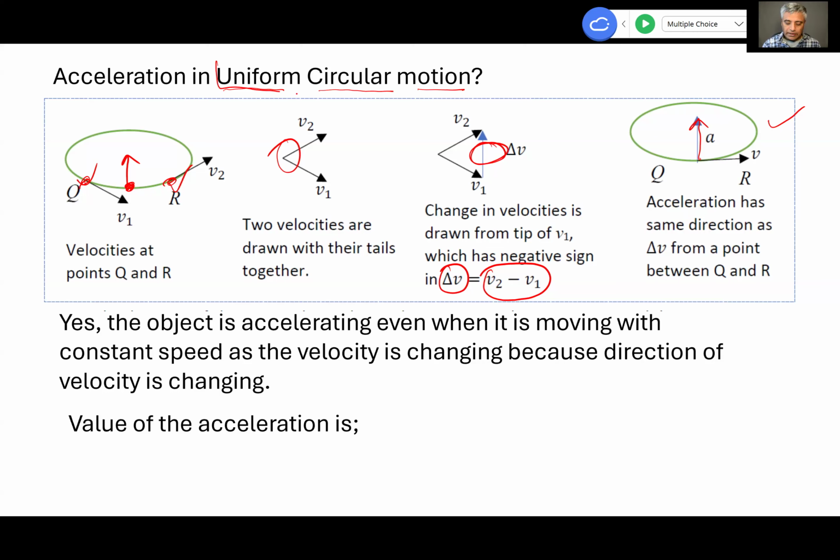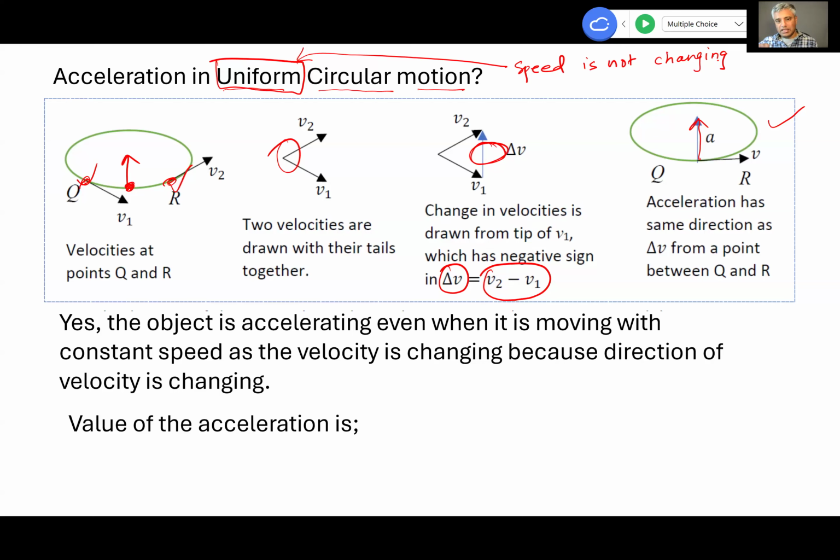So the value of velocity, let's say that is speed, when you are moving in a part of a circle or a circle, the speed of the object is not changing. For example, let's suppose you are going on a ramp and the speed limit of the ramp is 40 miles per hour.